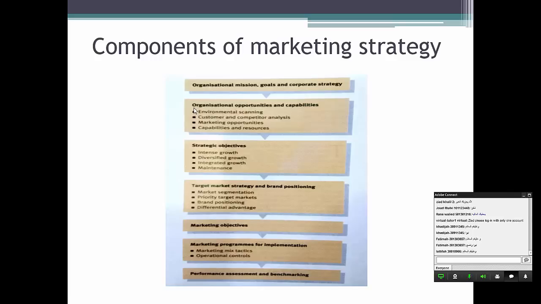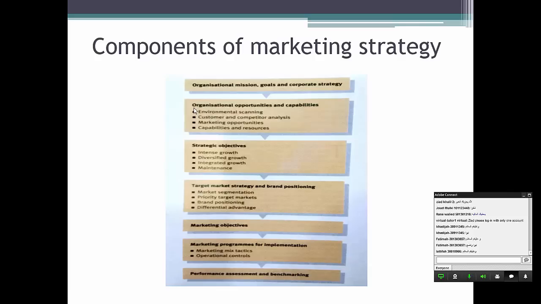Let us say you can use Porter's 5 forces, and this is one of the most creative models used in business to analyze the customers and the industries. Porter's 5 forces consists of 5 components that are very important in any industry.